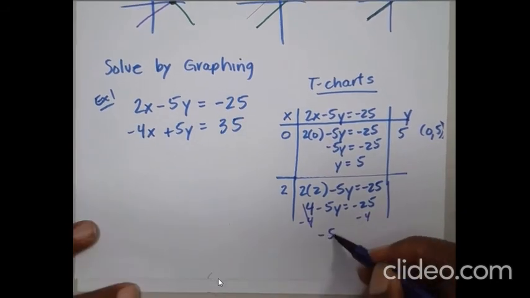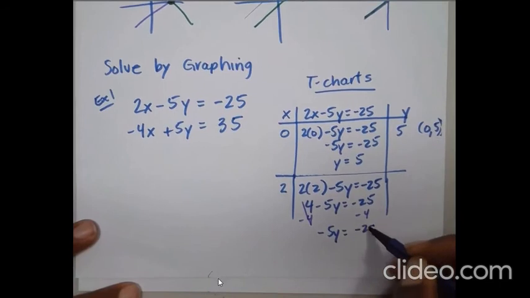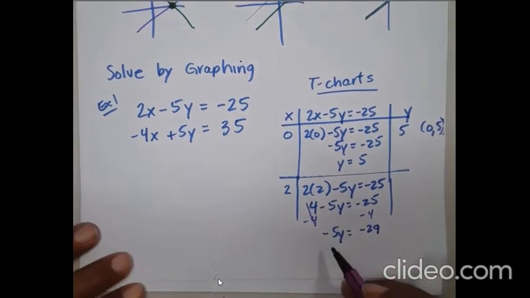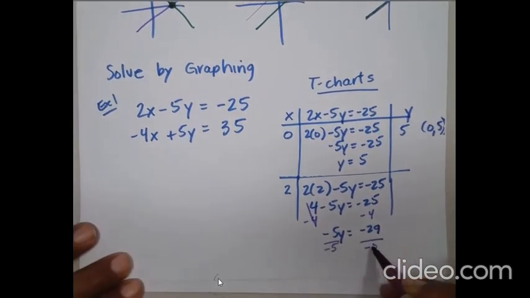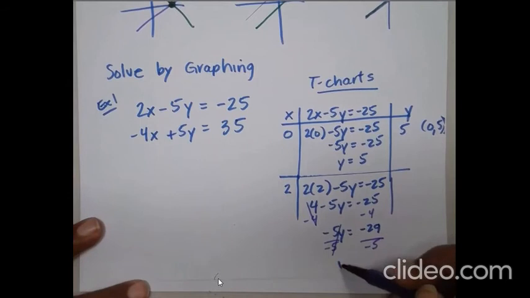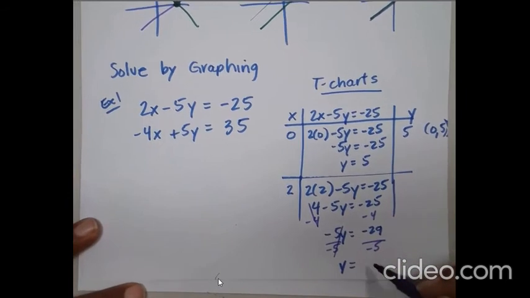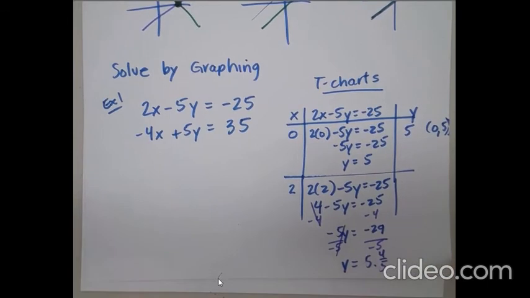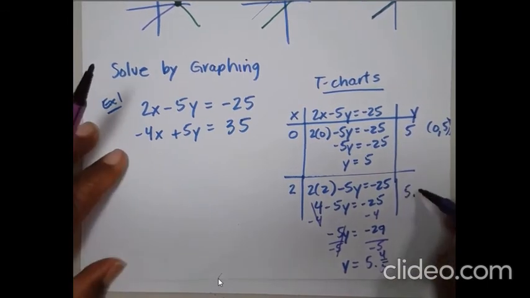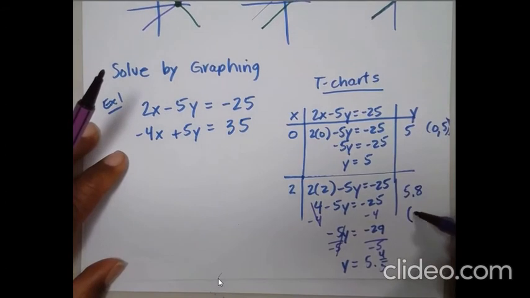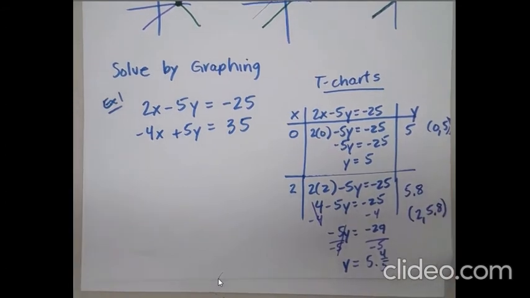Negative 5y equals negative 29. Divide both sides by negative 5. We have y equals positive 5 and 4/5, so 5.8. So our next graphing point is (2, 5.8).